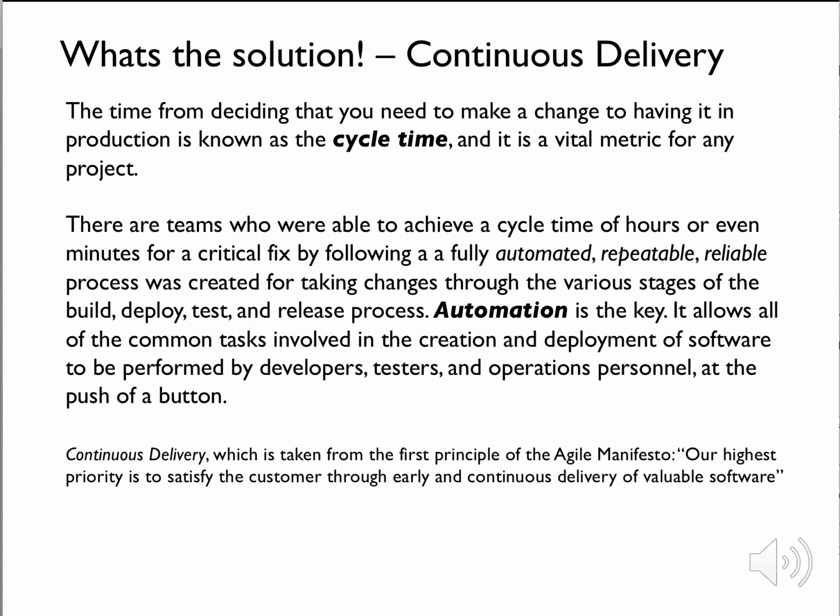If you really want to achieve a faster cycle time, a cycle time of hours or even minutes, you need to follow a fully automated, repeatable and reliable process to go through the various stages of build, deploy, test and release.